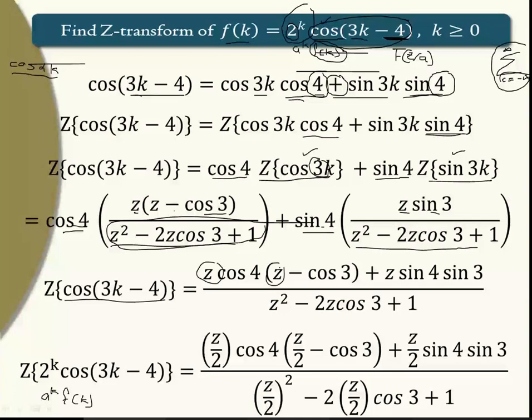And what is a over here? A is 2. So wherever z is there, we replace it by z by 2. So z by 2 cos 4, z by 2 minus cos 3 plus z by 2 sin 4 sin 3, divided by z by 2 whole square minus 2 into z by 2 cos 3 plus 1. So making use of the first property, we can get the corresponding Z transform.